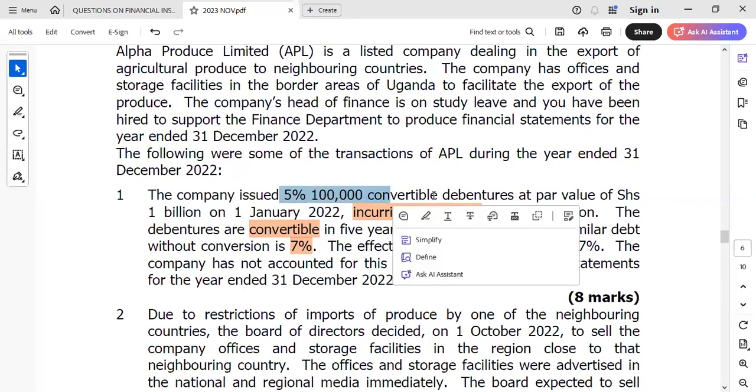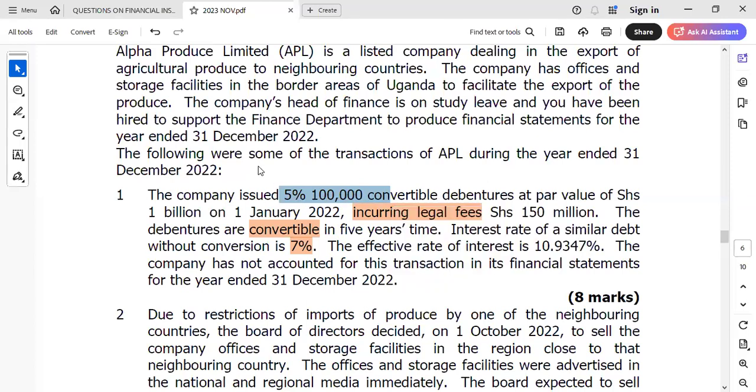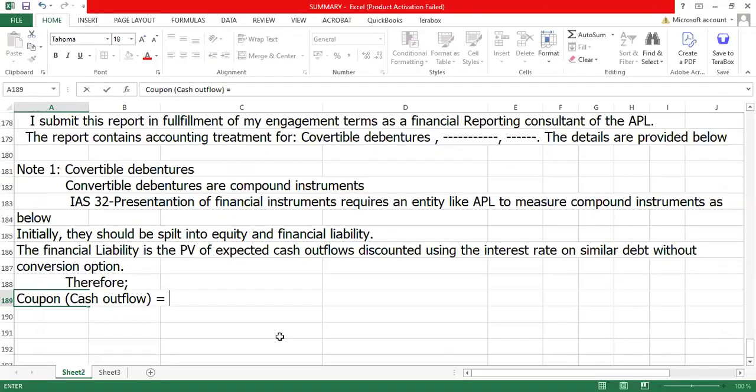So you get the 5% times the par value or nominal value, which is equal to 5% times 1 billion.